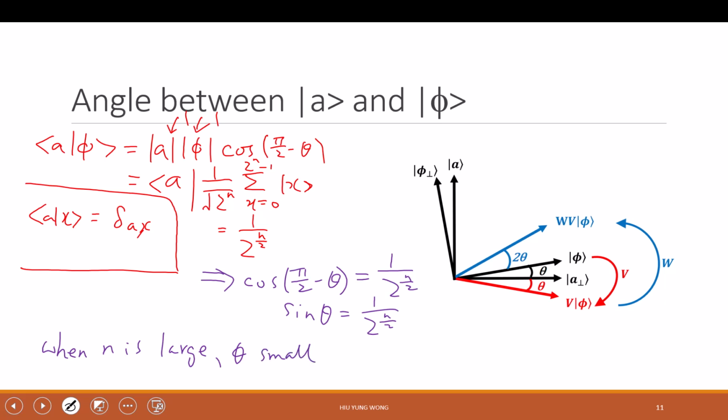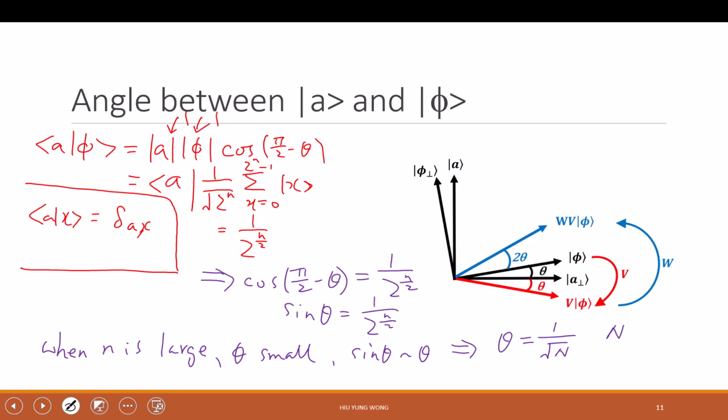And we use quantum computers only for large problems, right? I don't care if you're solving a 2 qubit problem. It's meaningless for me. So in that case, sine theta is approximately equal to theta, right? You just look at the table. It's true. Sine 0.001 gives you about 0.001. So it means that at this time, theta equals 1 over square root n.